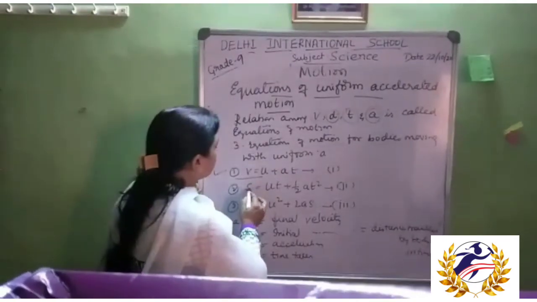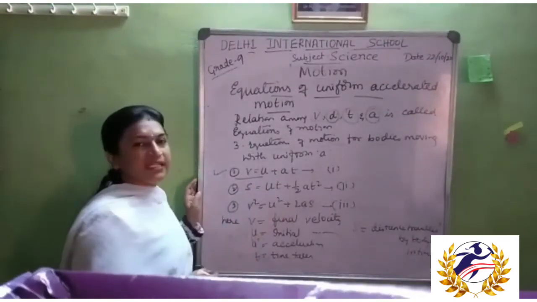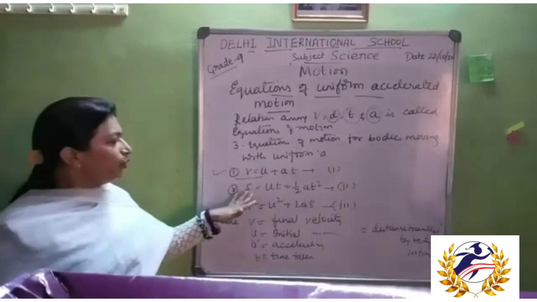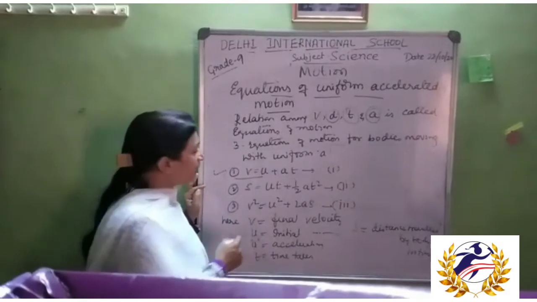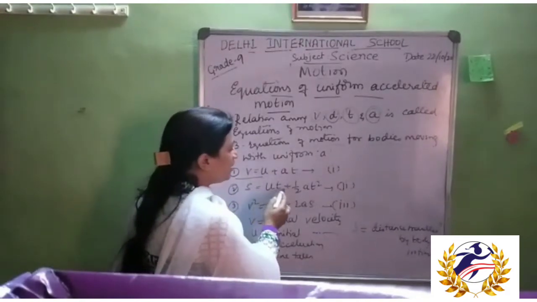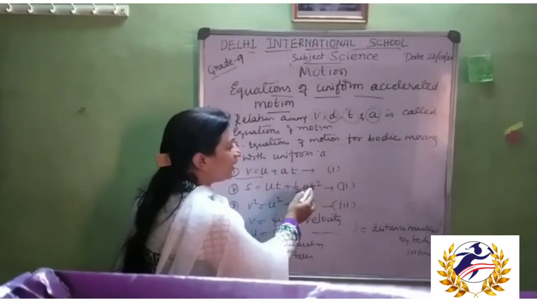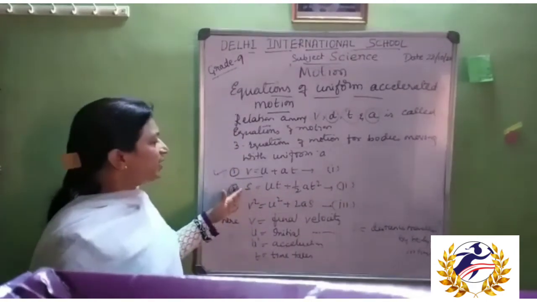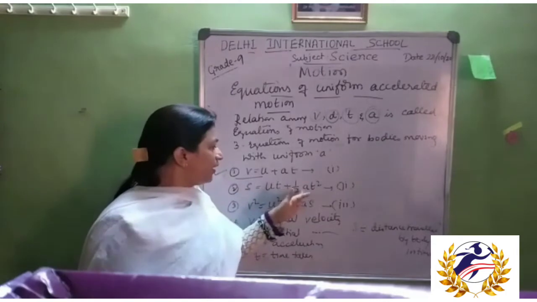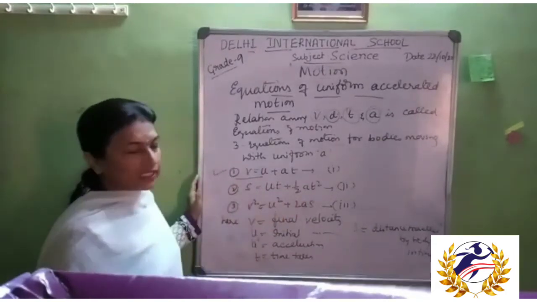Then s = ut + (1/2)at². s is the distance travelled, u is the initial velocity, t is the time, and a is the acceleration. This is the relation between distance, initial velocity, time taken and acceleration.